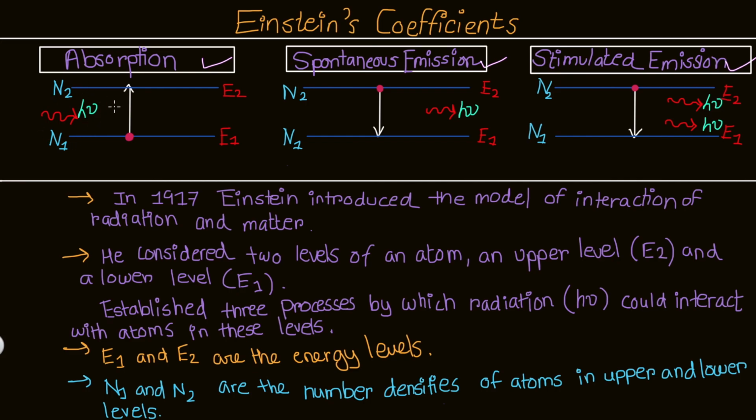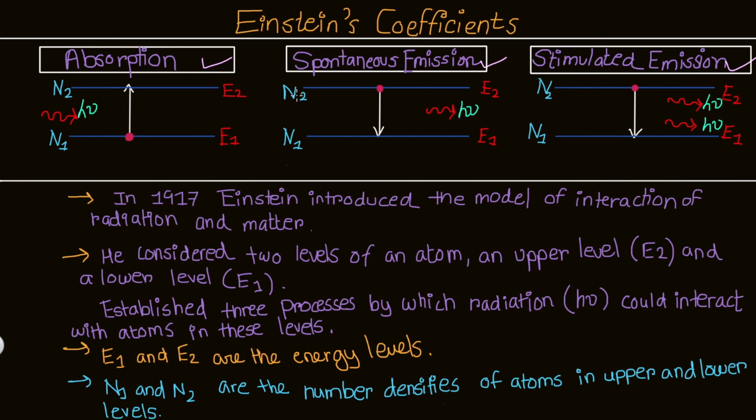So you can see that this is based on Planck's radiation law. So the photon comes in, it's absorbed, and the atom jumps to the upper level. That's basically what it is. Very simple. Radiation, the atom jumps to the upper level from the lower level.